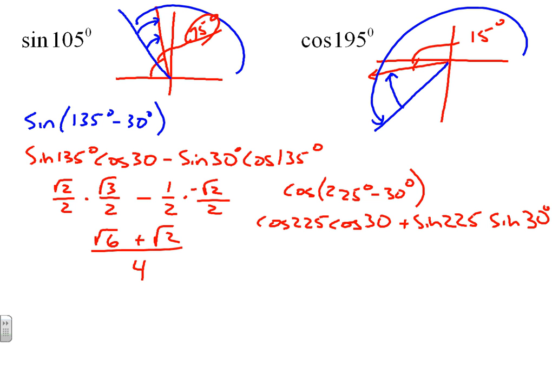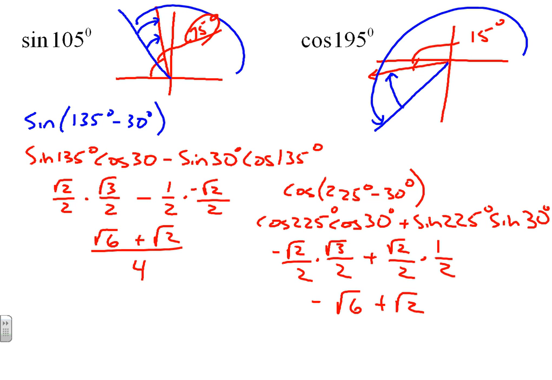And again, you may want to draw the triangles here, but cosine of 225 degrees is negative 1 on root 2, or negative root 2 on 2. Cosine of 30, root 3 on 2. Sine of 225 is negative 1 on root 2, or negative root 2 on 2. Sine of 30, 1/2. So I end up with negative root 6 plus root 2, all on 4.